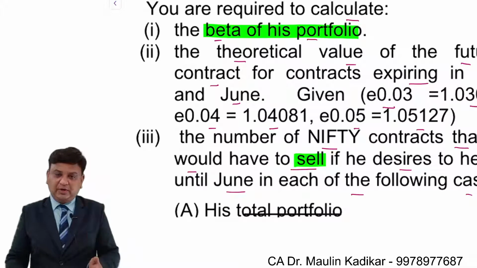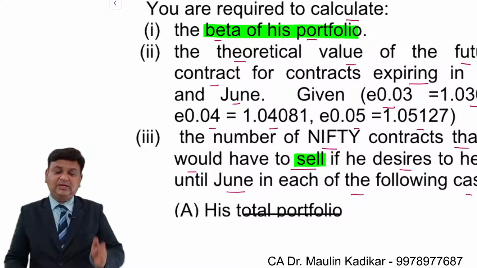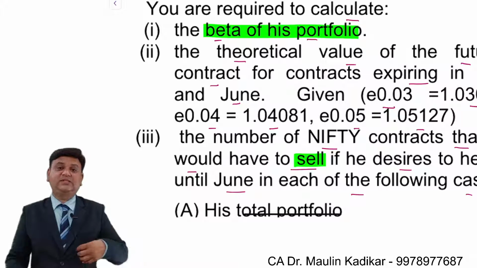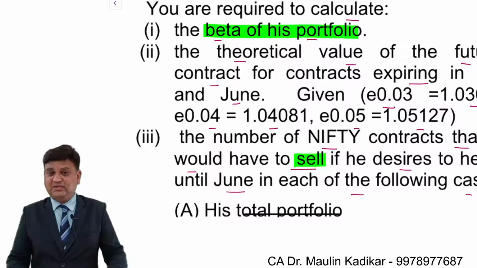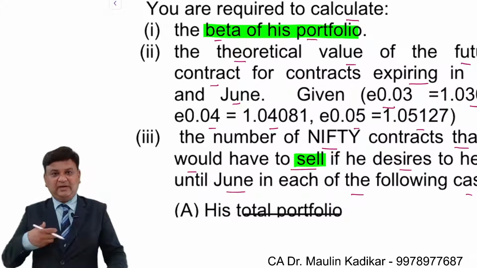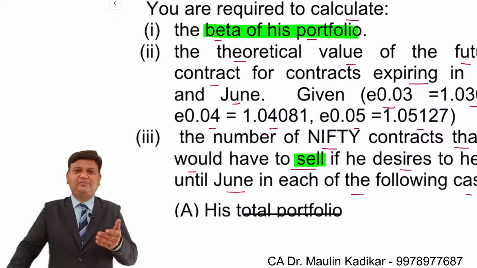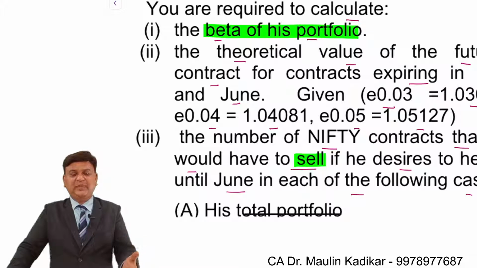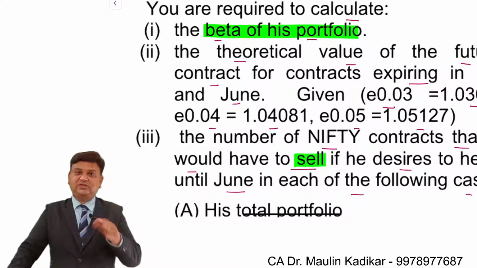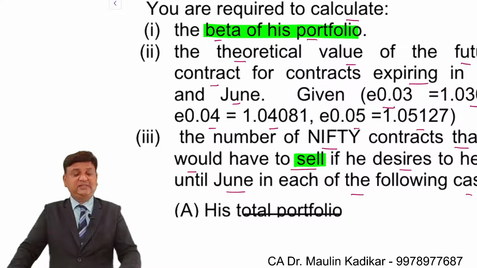It is necessary that you are able to compute the answer for these kinds of lengthy questions. In my personal opinion, the number of shares should not be kept more than 2 or 3, because whatever knowledge you want to check, you can check whether the investment is made in 3 securities or 8 securities. Still, we cannot deny that these kinds of questions can be asked in examination.